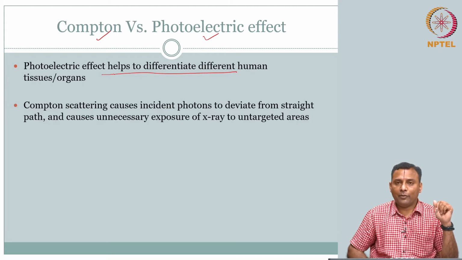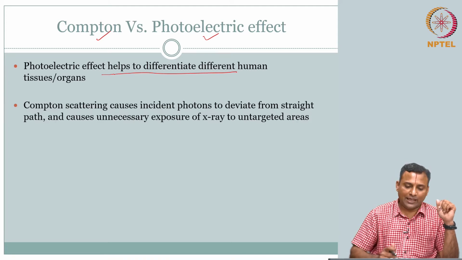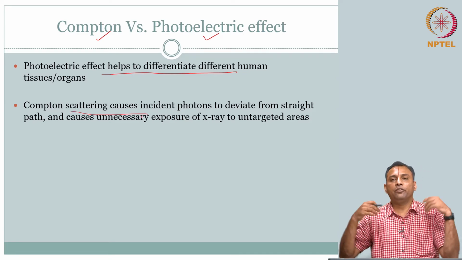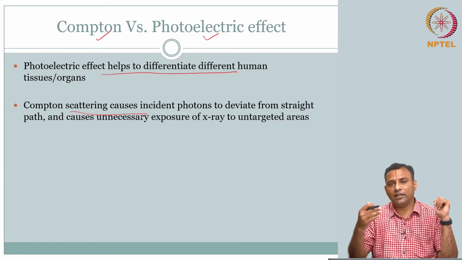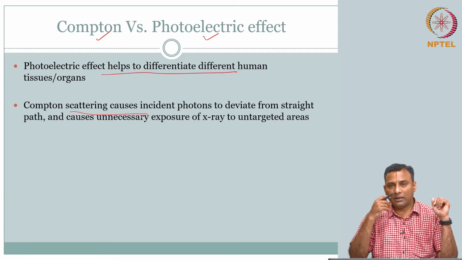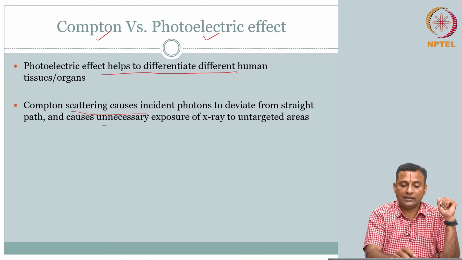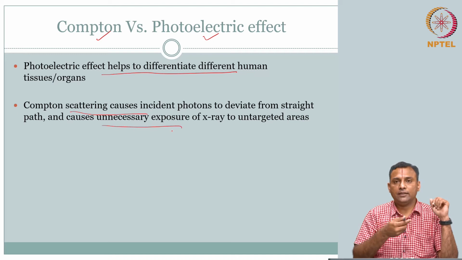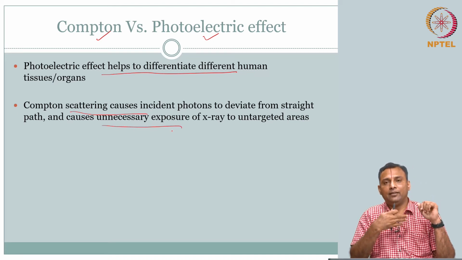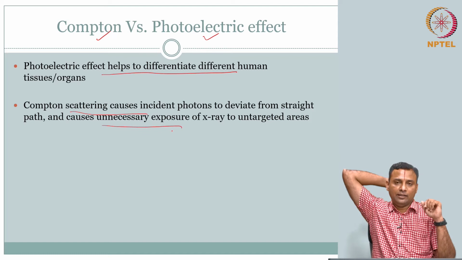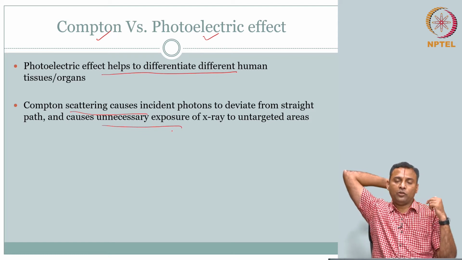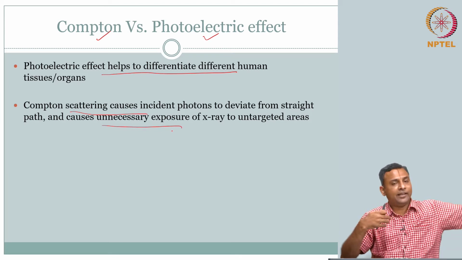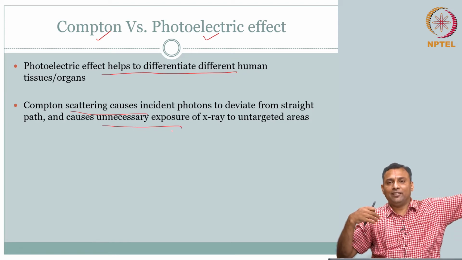Then what about Compton scattering? As we already talked about, scattering causes the incident photon to go into a different direction. So it deviates from the straight line path. In some sense, unnecessary exposure happens. I send the photons, it does Compton scattering, and I am thinking I am going to get the photon energy through my body to the other side, whereas it got deflected inside the body, goes all over the body and exits from some other angle.